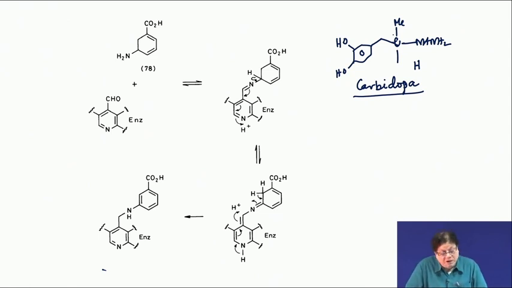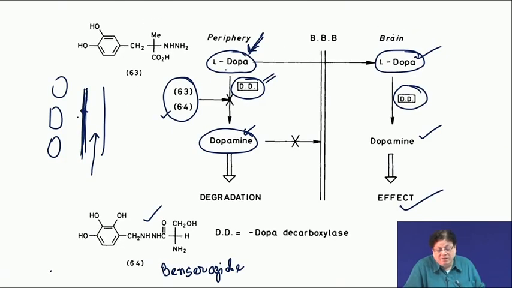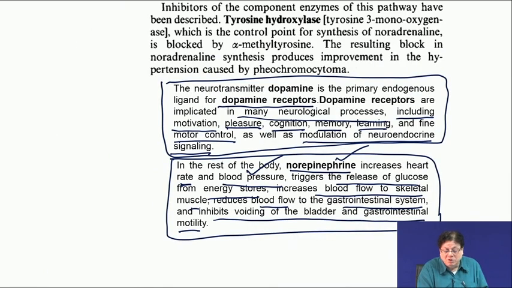The other important thing I forgot to tell you is about the motor functions that dopamine controls. Dopamine also controls motor function, motor control, and this is what is affected in the case of Parkinson's disease.